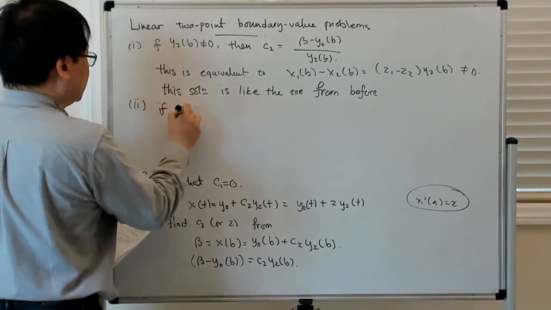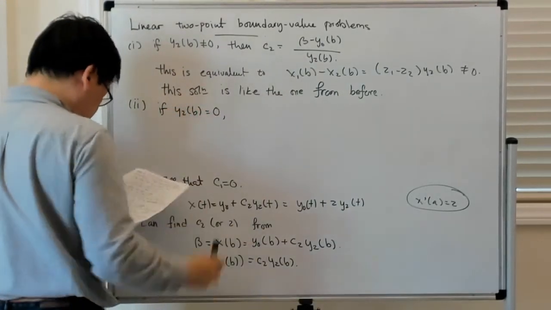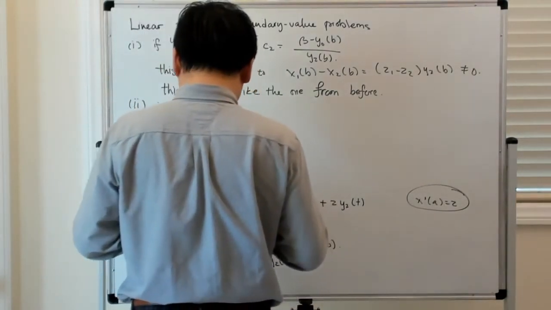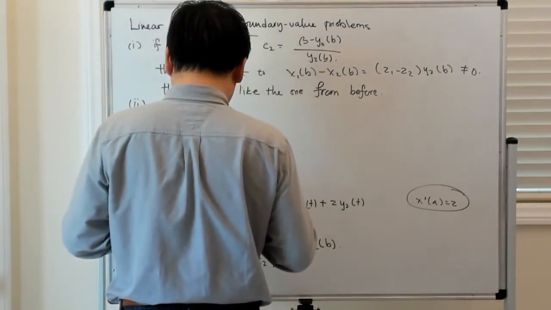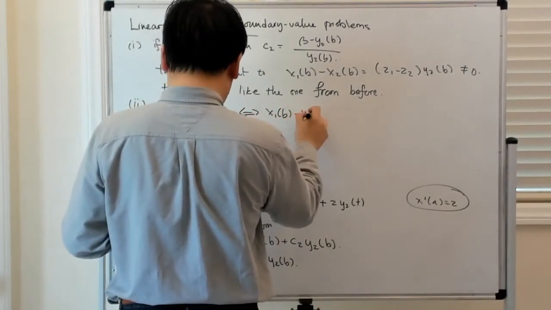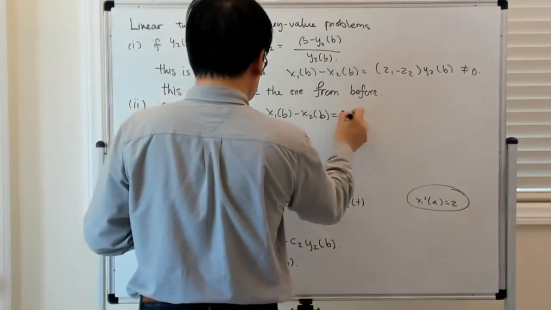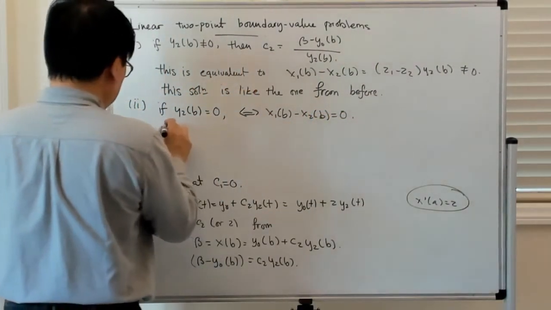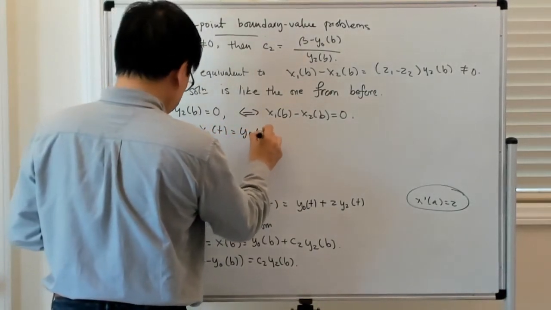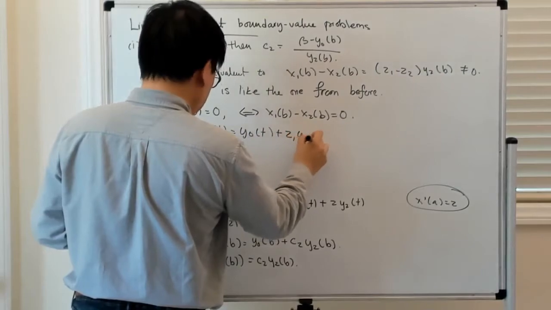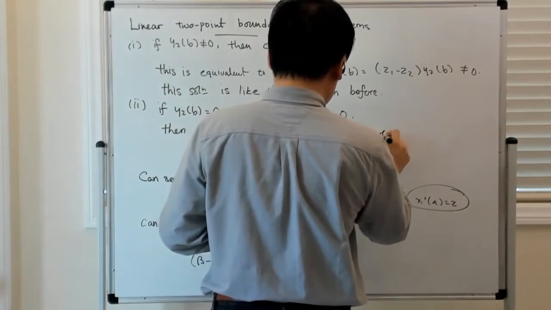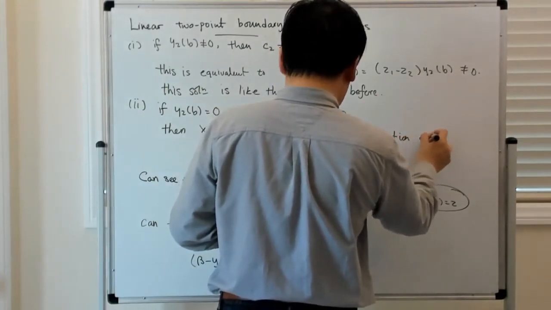So if y2 at b is equal to 0, which is equivalent to x1 of b minus x2 of b being equal to 0, then what it means is that x1 of t, which is y0 of t plus z1 y2 of t, is a solution of the boundary value problem.